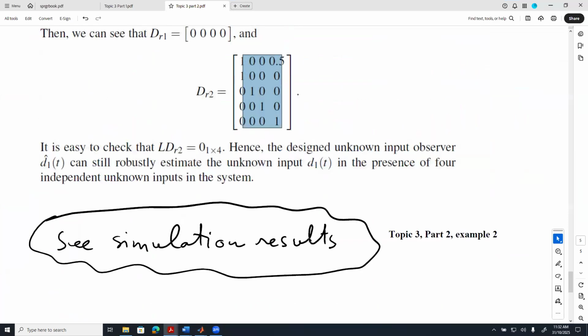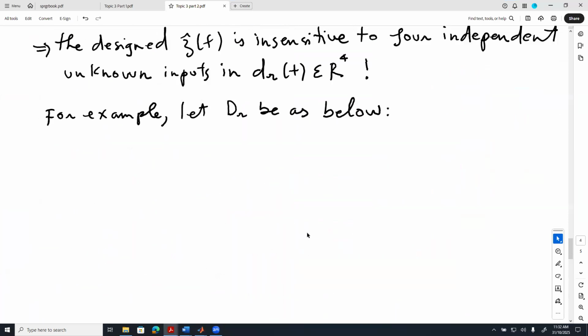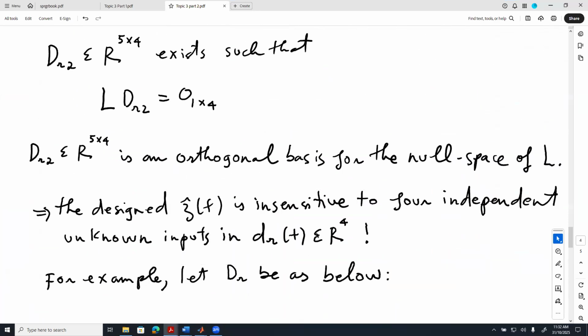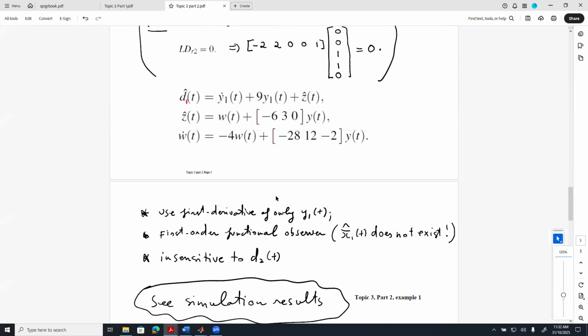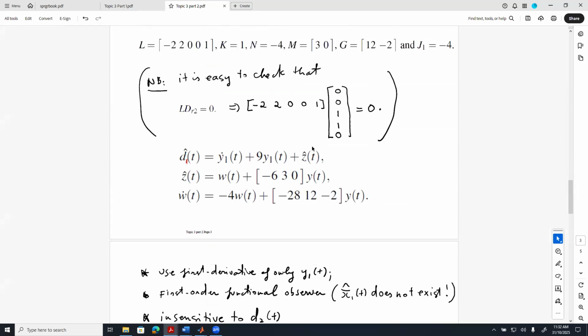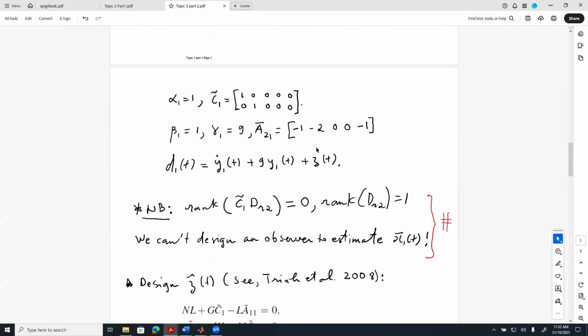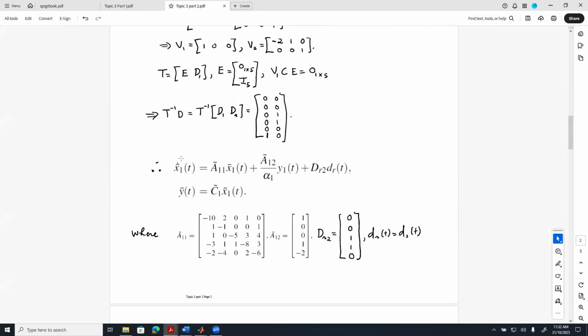We can have situations where we don't need the observer matching condition to hold, particularly when it comes to this reduced order system. Because we don't need to estimate the entire state vector x bar 1 of t.